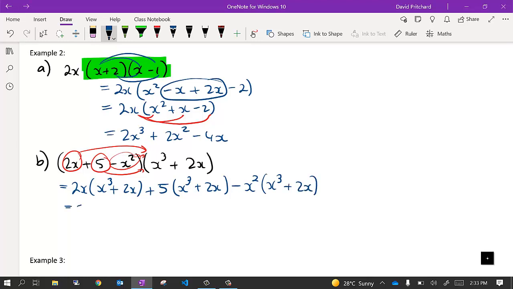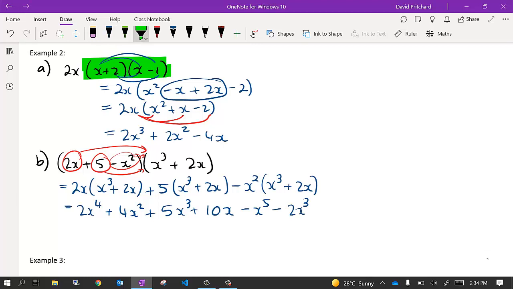So we've got 2x to the power of 4. We've got 4x squared. We've got 5x cubed and 10x. And then because there's a negative in front here, this is a negative x to the power of 5. And negative 2x to the power of 3.